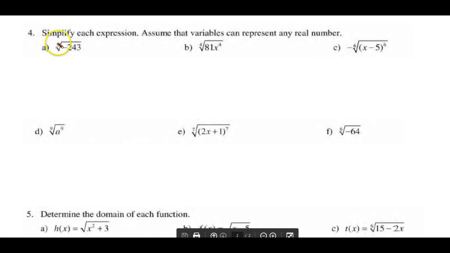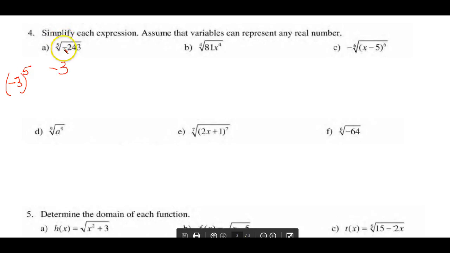Now, here we have the 5th root of a negative number. So that's an odd index number. So our answer is going to be negative, and it's 3. A -3 to the 5th power is a -243.